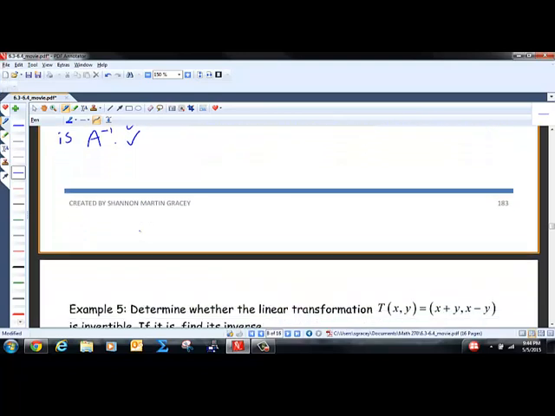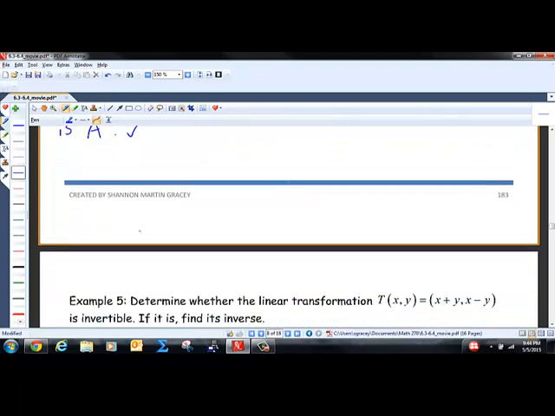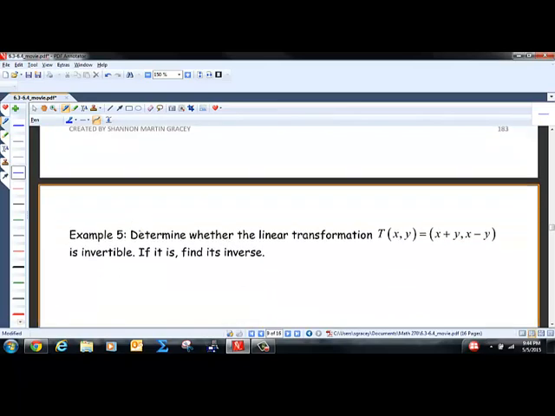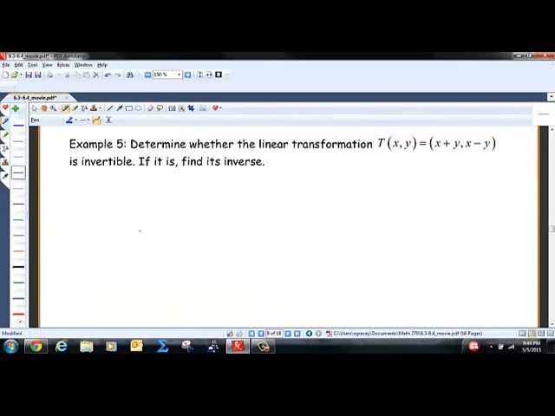So now, here we go. We're going to have our fifth example. So we want to determine whether the linear transformation is invertible, and if it is, find its inverse. So here we go. Again, don't forget about this stuff. T at E1 is T at 1, 0, which is going to be 1, 1.